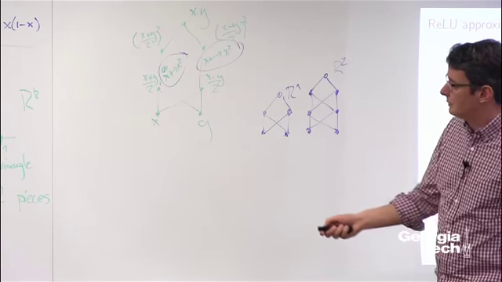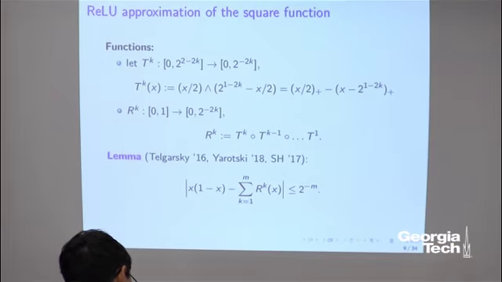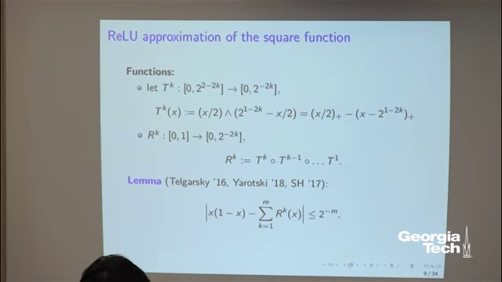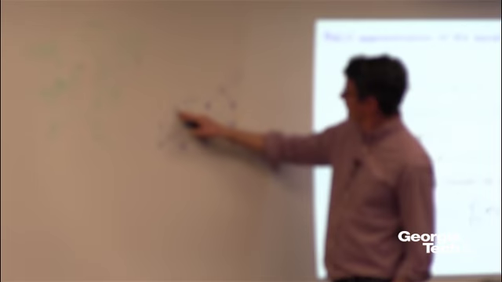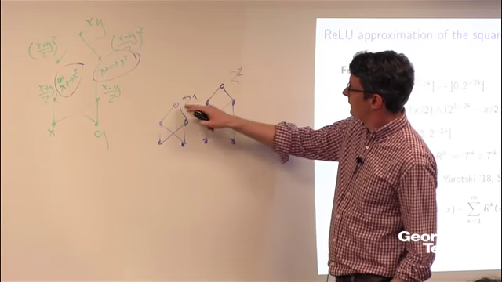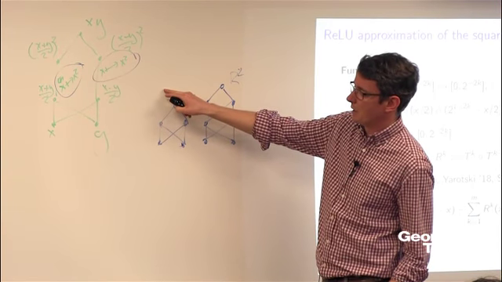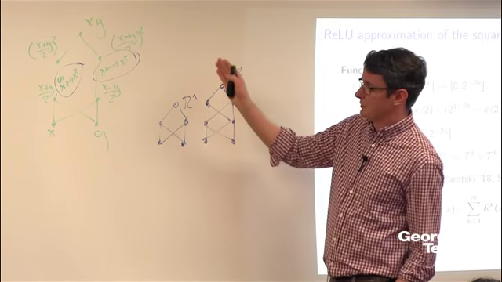Now we want to compute the sum with such a network. R_k is also the same as T_k applied to R_{k-1}. So we can build R_k, and from R_k we can go to R_{k+1}, and at the same time we also store the value of R_k.